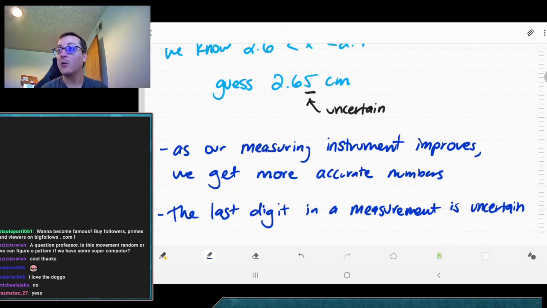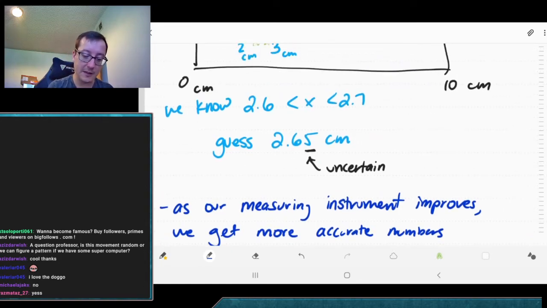And so it's understood that we're doing our best when we take a measurement like this, when we're reading a thermometer in chemistry lab, or we're taking a look at the volume in a burette. We're understanding that the last digit is uncertain, and that's our best guess. However, the other digits we know for sure.